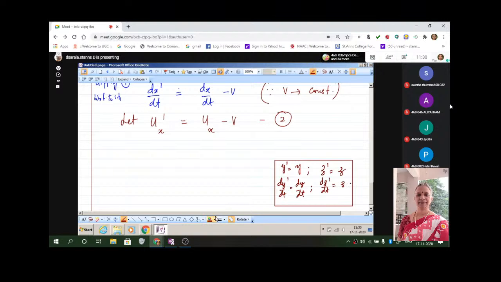So what do you write from this? uz dashed, this is velocity, right? So, what do we write? uy dashed is equal to uy, uz dashed is equal to uz.